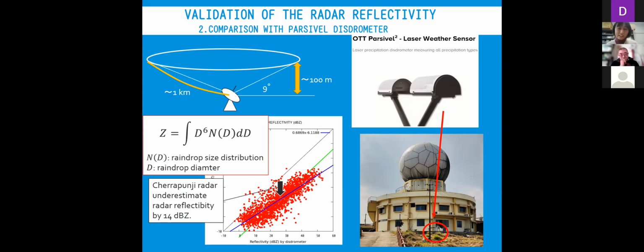So usually we will install it some distance from the radar. But on this occasion, we had the opportunity to install it beside the radar.